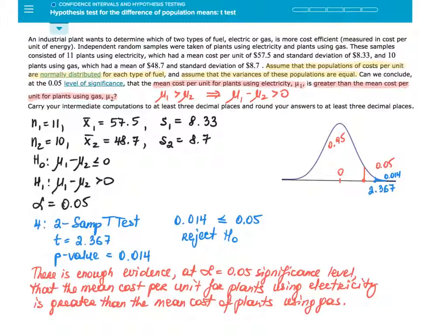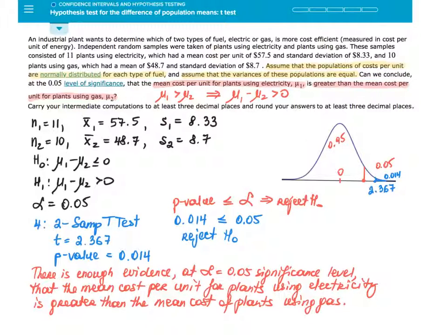Remember, if p-value is less than or equal to alpha, we are going to reject H sub 0, always. And in this case, it is exactly what happens. 14 thousandths is less than or equal to 0.05, so we reject the null hypothesis and accept the alternative, of course. So we say there's enough evidence at alpha equals 0.05 significance level that the mean cost per unit for plants using electricity is greater than the mean cost of plants using gas.